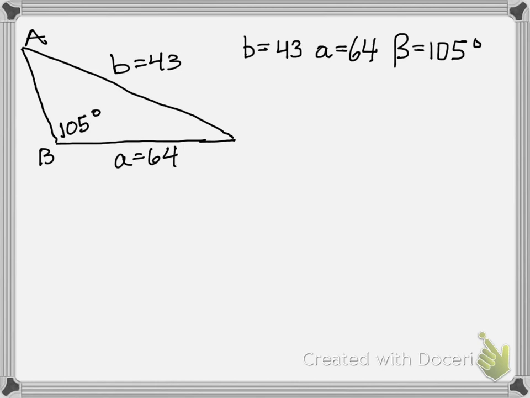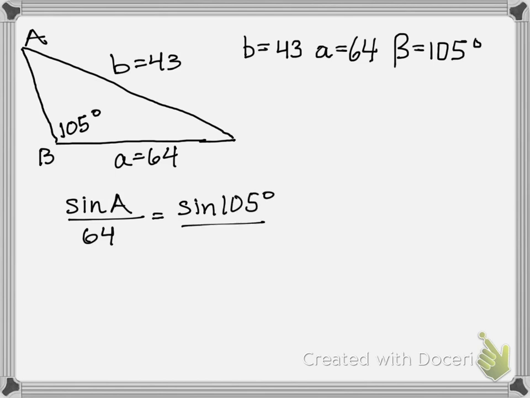Let's look at what happens when I try and solve. I'm going to have to solve for the angle A based upon the information that has been given. So I'll set up this equation. Sine 105 over 43.